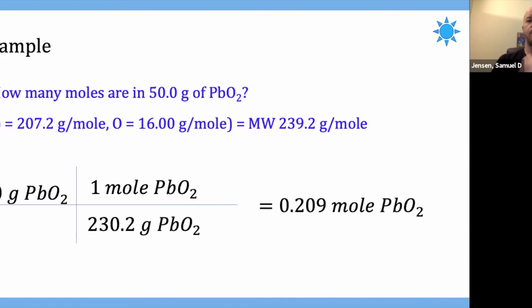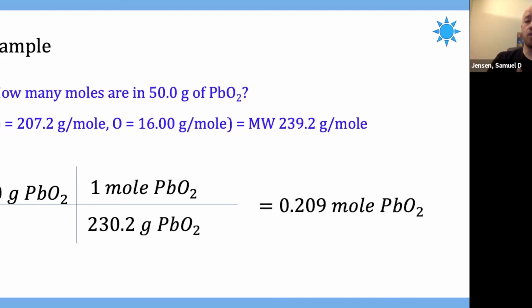Here's an example of how this works. How many moles are there in 50 grams of lead-4 oxide? In this case, I've given you the formula for the lead oxide. You would look on the periodic table and find lead is 207 and oxygen is 16.